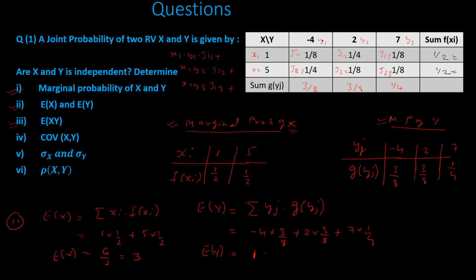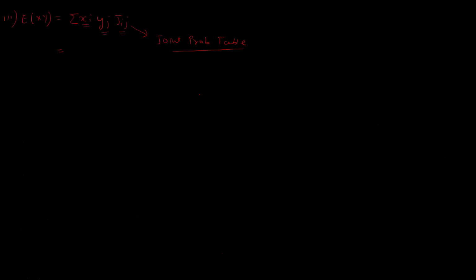Next will be x2 into y1 and so on. Like that I have to take the whole sum. So your E of xy value will become, for i and j from 1 to n, whatever values we have, x1 into y1 into f11.